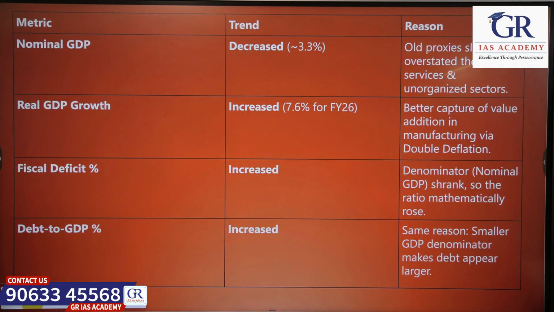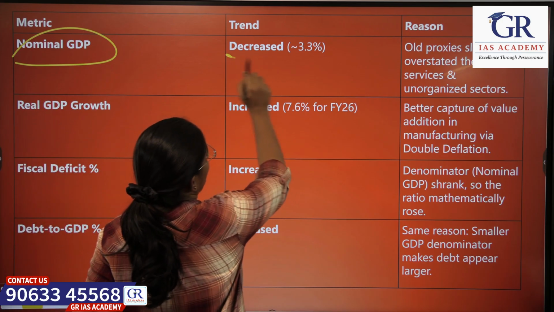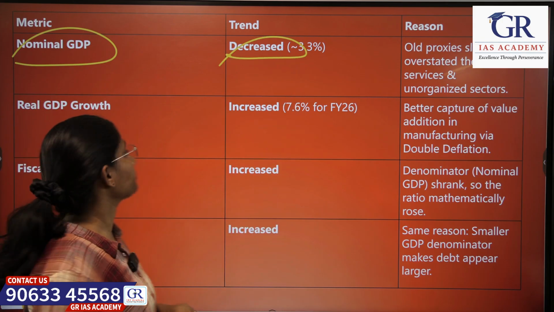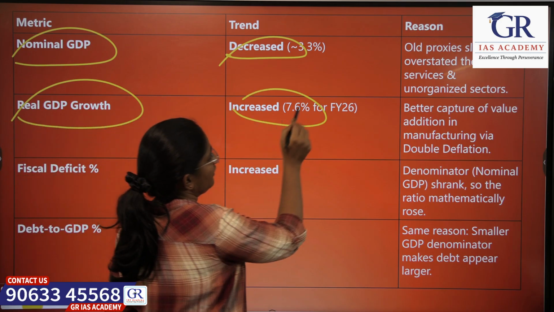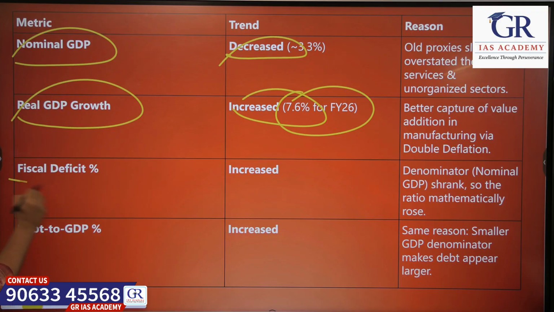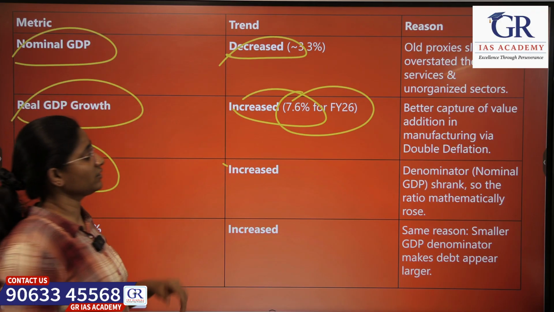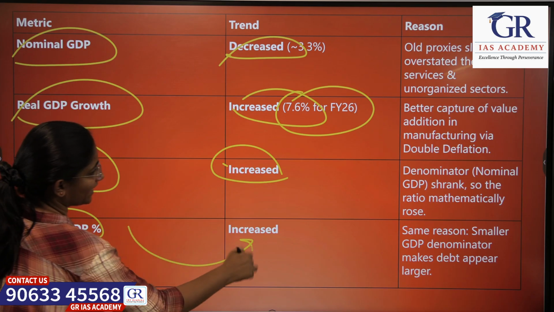On nominal GDP, it has decreased. Real GDP growth has increased to 7.6% for the financial year 26, and the fiscal deficit also increased, and the debt to GDP ratio also increased.